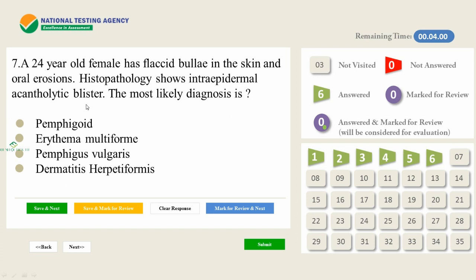All have a bullae or blister type of presentation, but flaccid bullae is very, very important, and it is found in pemphigus vulgaris. You can see from the tables in Davidson, and also in interesting books of dermatology, that pemphigus is intraepidermal, while pemphigoid, erythema multiforme and dermatitis herpetiformis are all subepidermal.